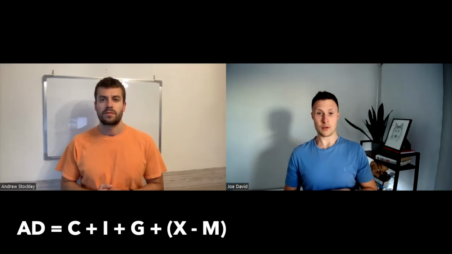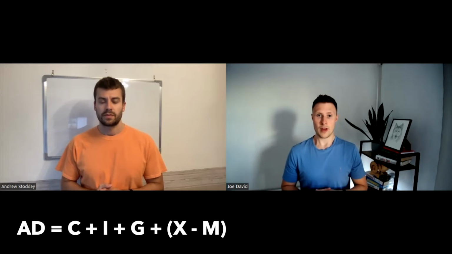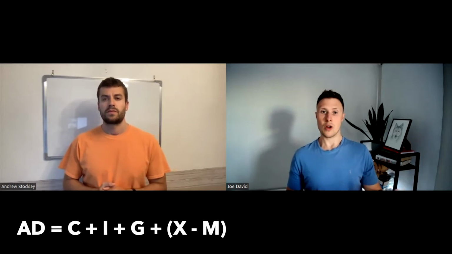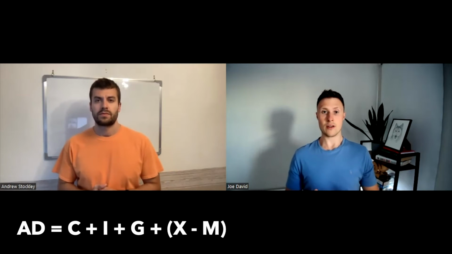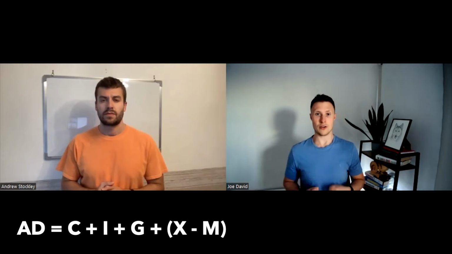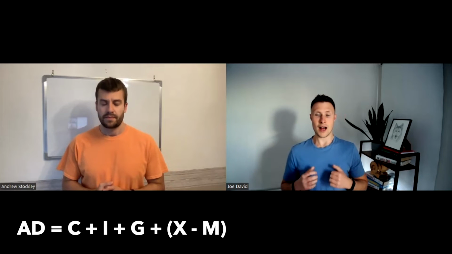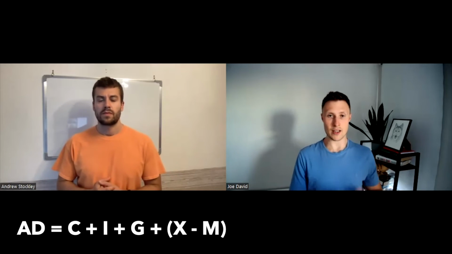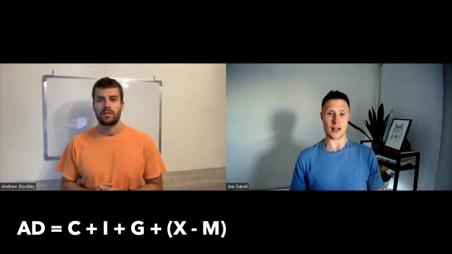As a result, you'll see aggregate demand falling. If we think of the equation for aggregate demand, which we've covered in another video, imports are increasing, which is an extraction from aggregate demand, and exports are decreasing, which is an injection to aggregate demand. Overall, aggregate demand goes down in that scenario.